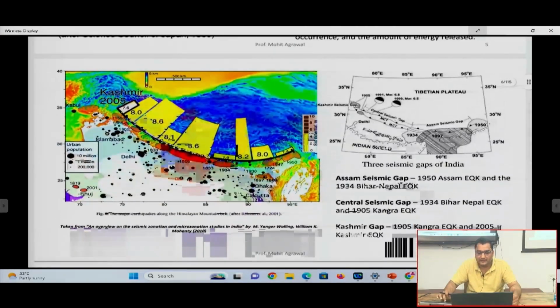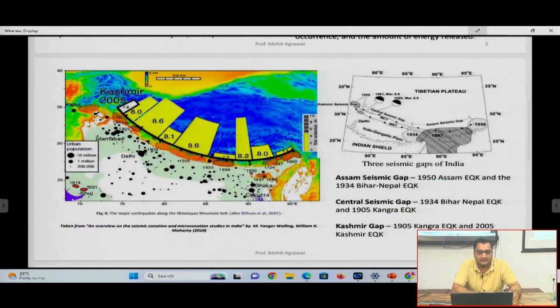Now, if we look at this particular figure, what do you think this figure is all about? Do you see a map here? Right, and it is a very familiar map because it is the collision plate boundary between India and Eurasia, and this boundary is around 2500 kilometers long.